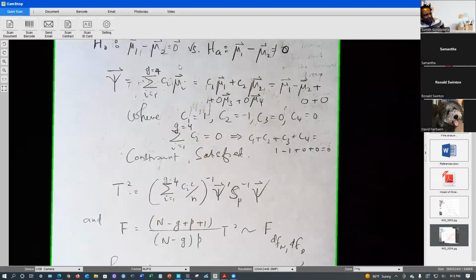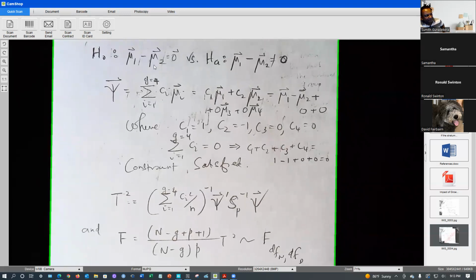I'm building up this part. So C1 mu1 plus C2 mu2 plus 0 mu3 plus 0 mu4 is mu1 minus mu2, where C1 equals 1, C2 equals negative 1, C3 equals 0.